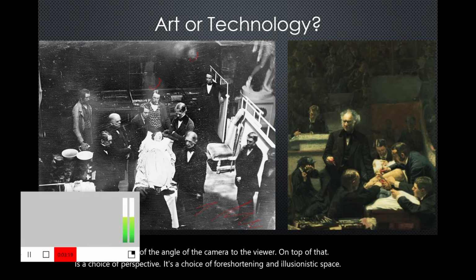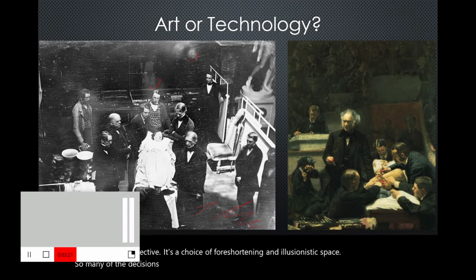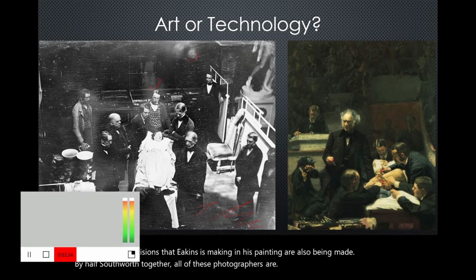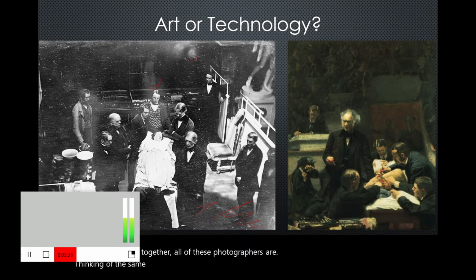So many of the decisions that Eakins is making in his painting are also being made by Hawes, Southworth, Daguerre. All of these photographers are thinking of the same things. They are just using, in this case, chemicals and light to create their imagery.